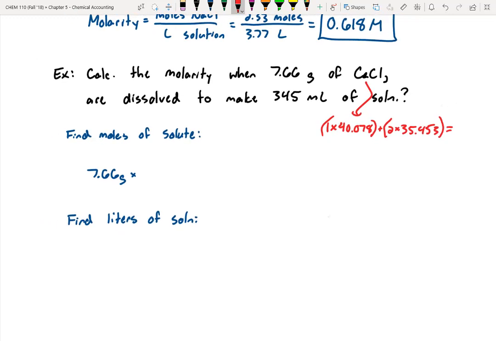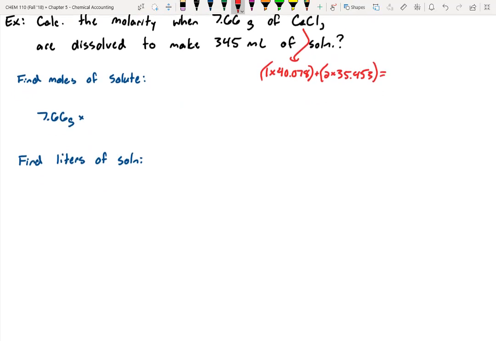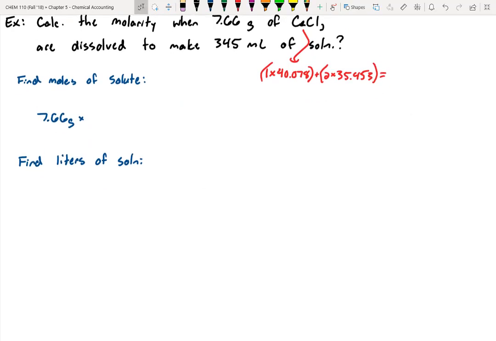That gives me a molar mass, let me zoom out even more, of about 110.984 grams per mole.